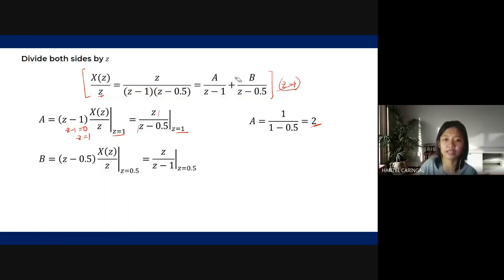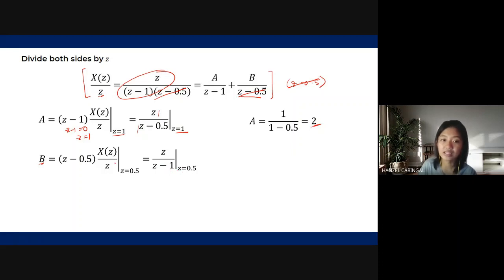What do we multiply for B? We multiply by its denominator, z minus 0.5, so that the denominator of B cancels and only B remains. Multiplying by X of z over z, z minus 0.5 cancels, so the remaining part is z over z minus 1.